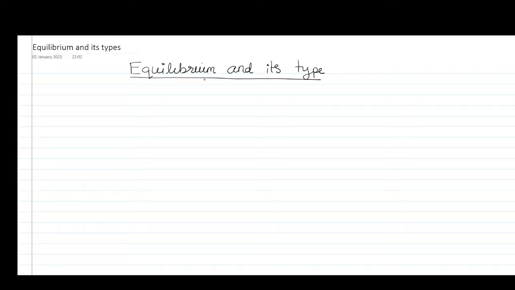So basically equilibrium is of three types.